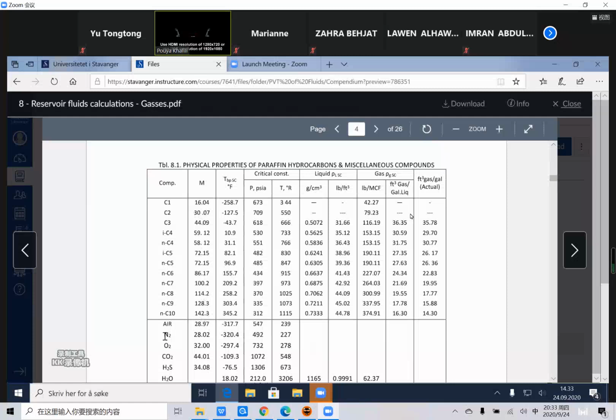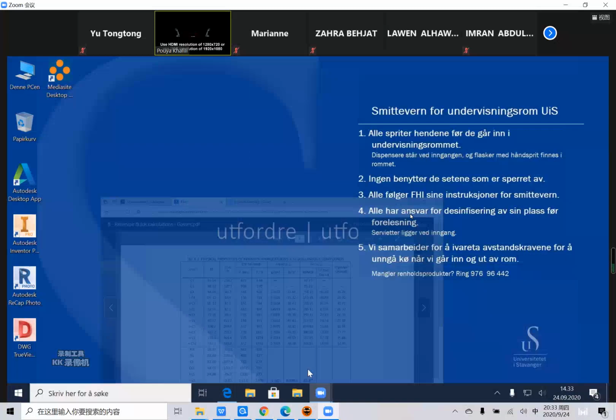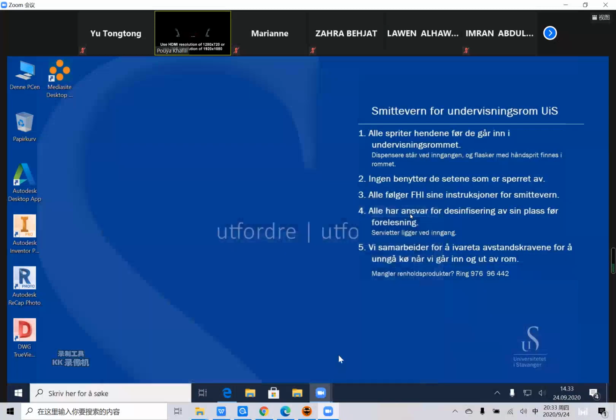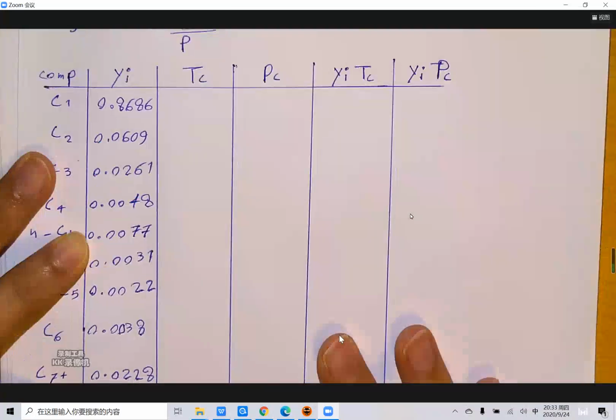Also there is information for N2, O2, CO2. Now just write down the information we got.